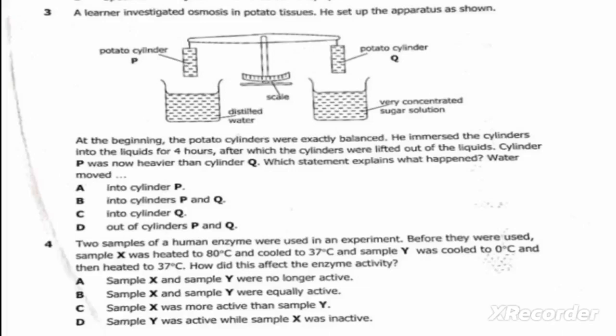A, sample X and sample Y were no longer active. B, sample X and sample Y were equally active. C, sample X was more active than sample Y. D, sample Y was active while sample X was inactive.